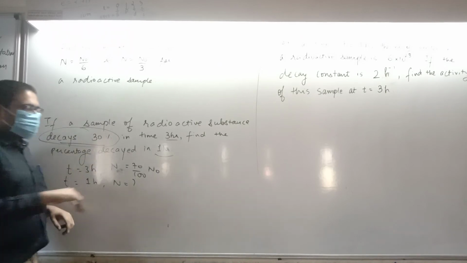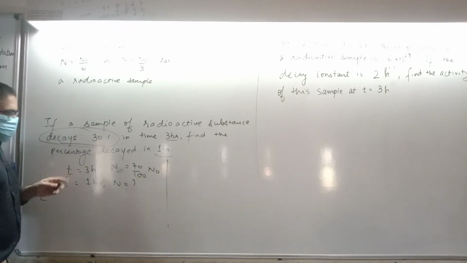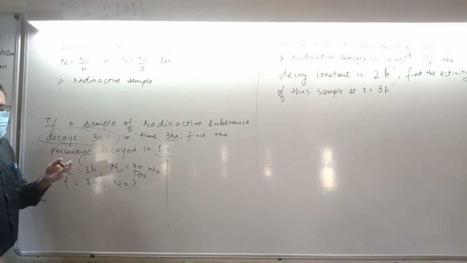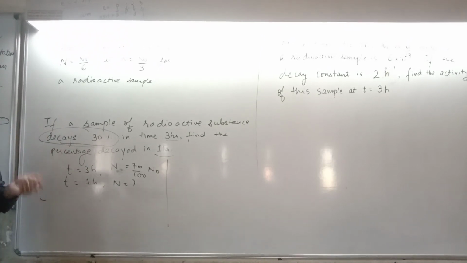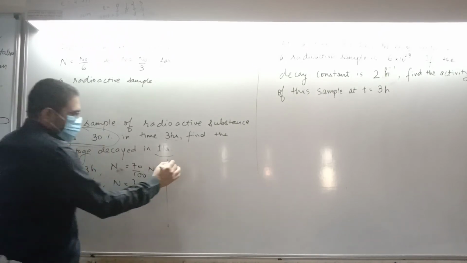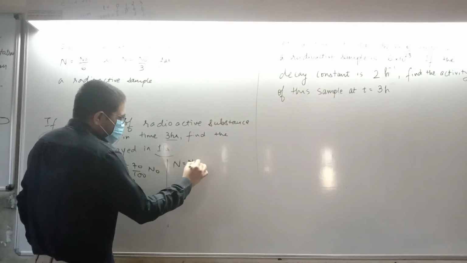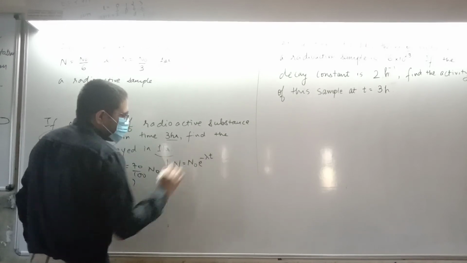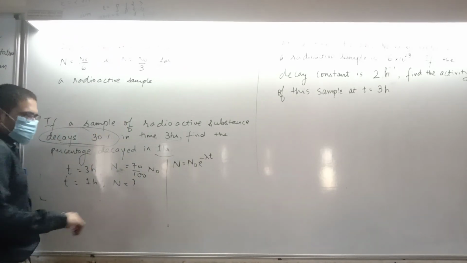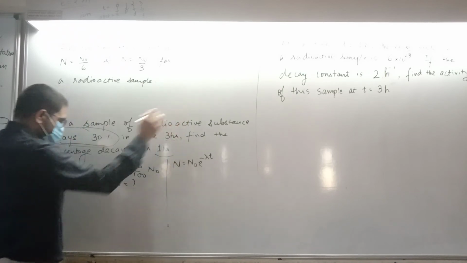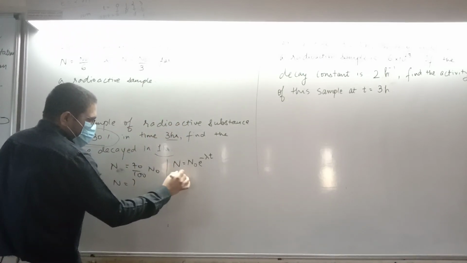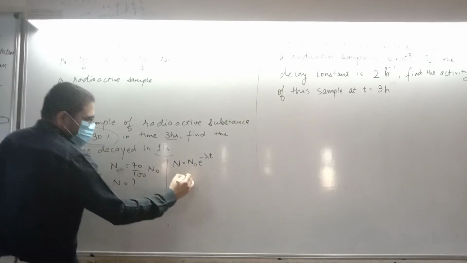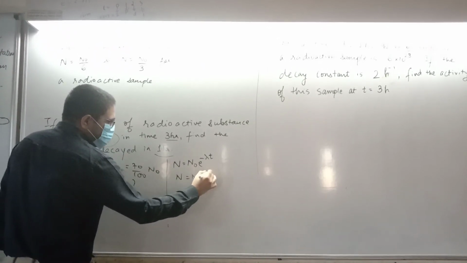Okay, so here you could do it by 2 raised to n also, or the easier way is directly taking n equal to n0 e raised to minus lambda t. There will be a bit of calculation, but the idea is very simple. Make two equations. Number one, for t equal to 1: unknown n is equal to n0 e raised to minus lambda.